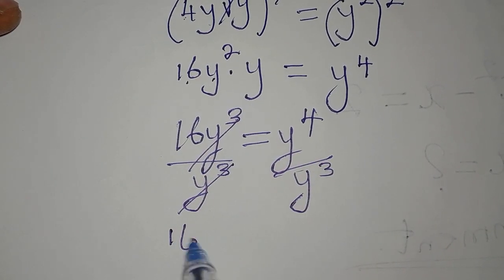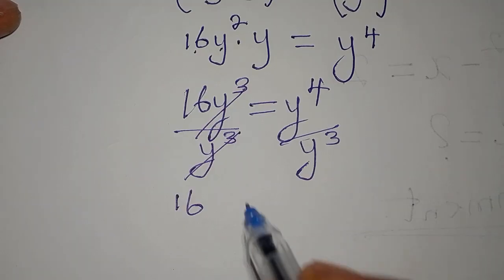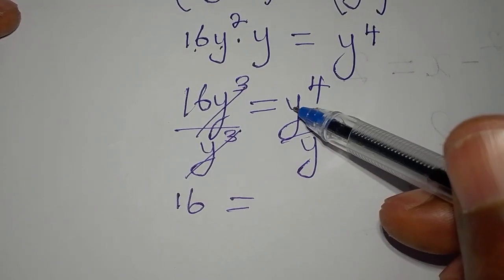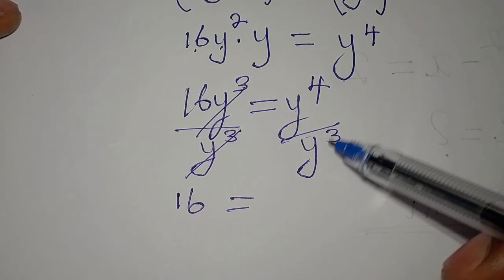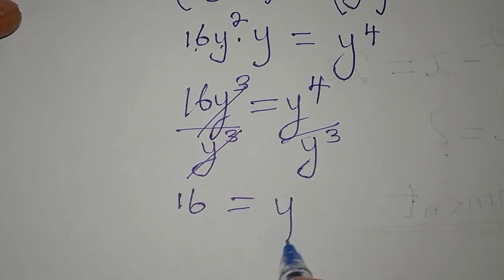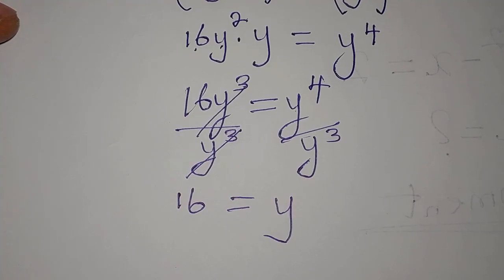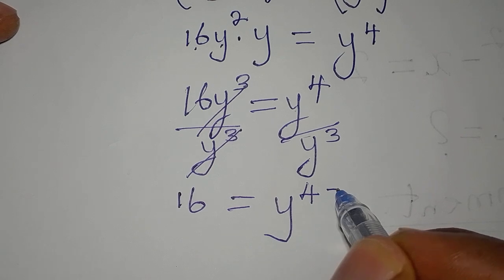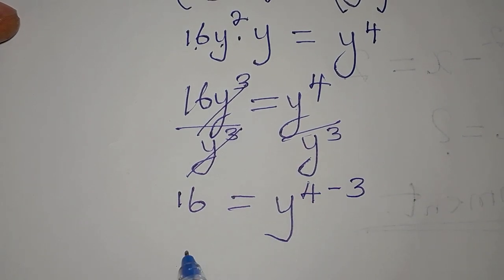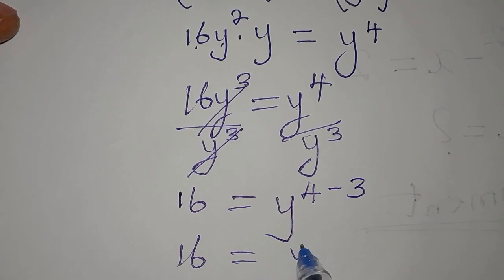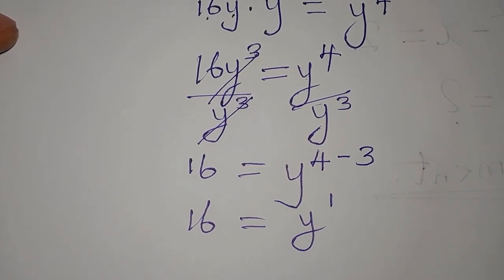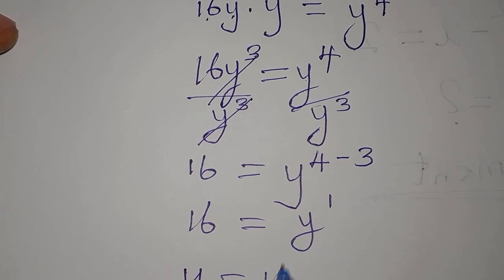So we have 16 here now, and it's equal to, here we have y to the power of 4 and y to the power of 3. We can pick one of the bases, and then we subtract the power, so we have 4 minus 3. So this means that our 16 is equal to y to the power of 1, and y to the power of 1 is the same as y, so we are concluding that y is equal to 16.